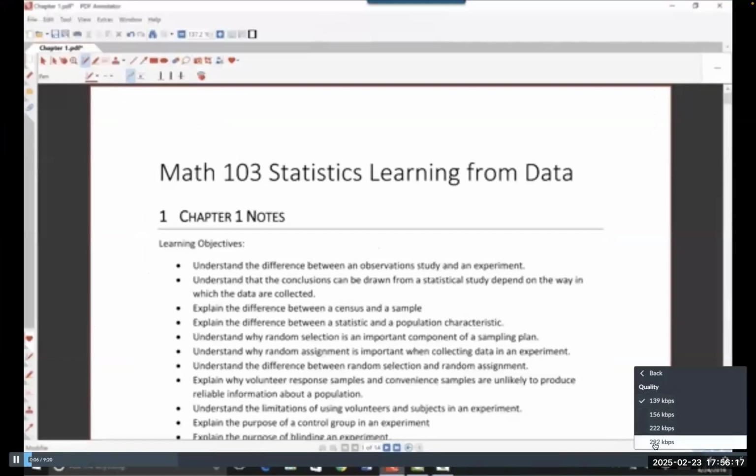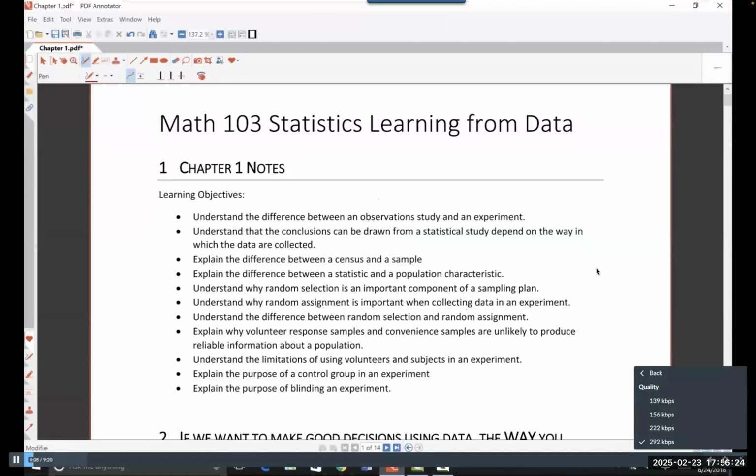Beginning here in chapter 1, there are many learning objectives that we have. In statistics, we have to learn a lot of new vocabulary just to understand what is going on when people are talking about different statistical things.